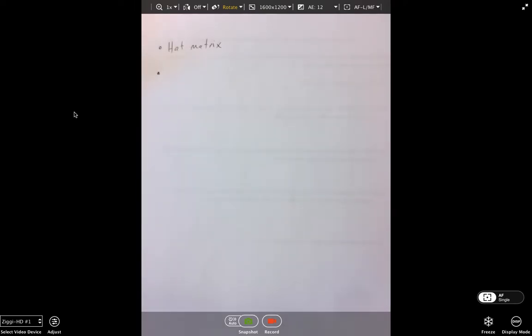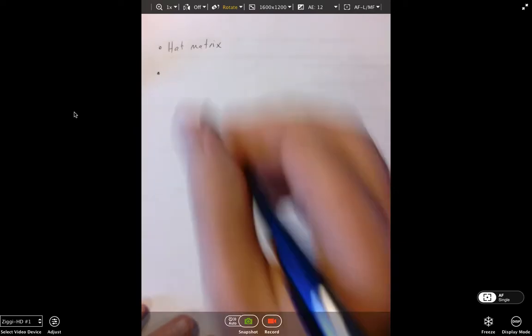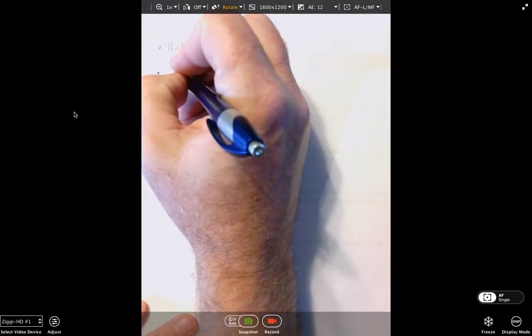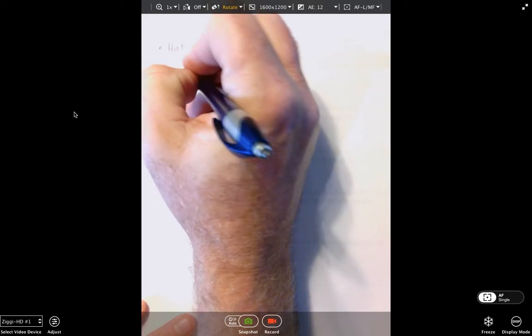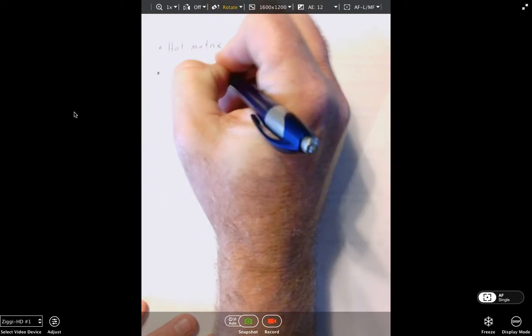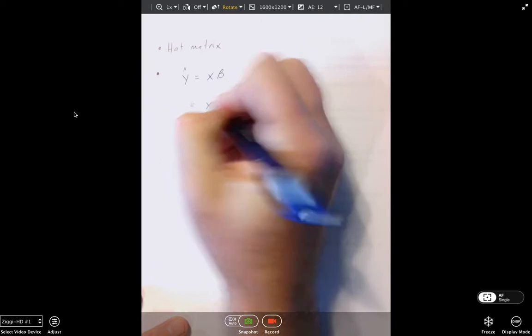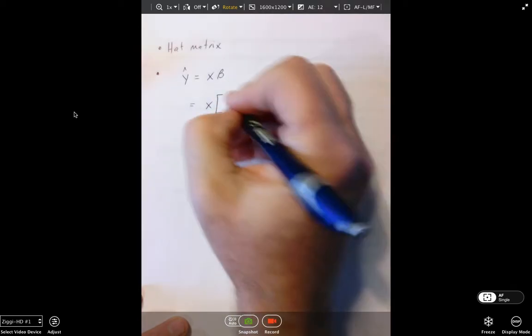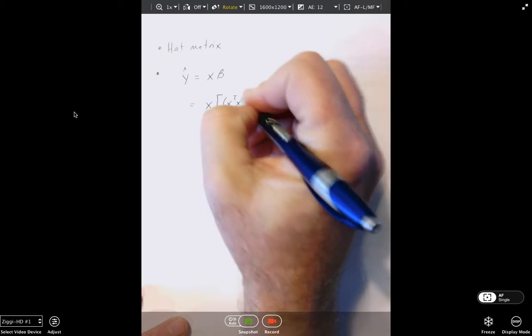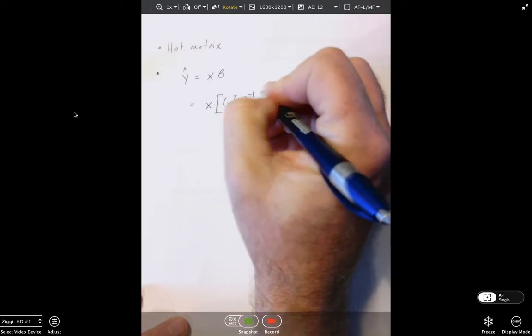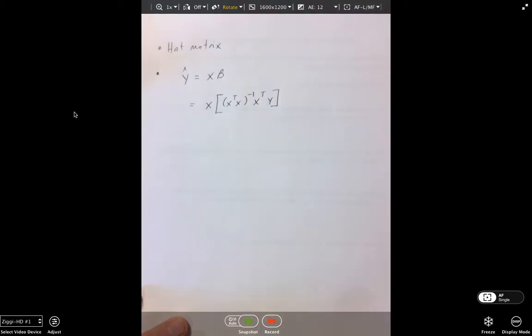We came up with a hat matrix. And at the end of the day, the hat matrix comes from the following, that we can find our fitted values by taking our X design matrix times the beta matrix. But a little bit of substitution here shows you that you can replace beta with this matrix. That's the way we saw betas in the multiple linear regression case.